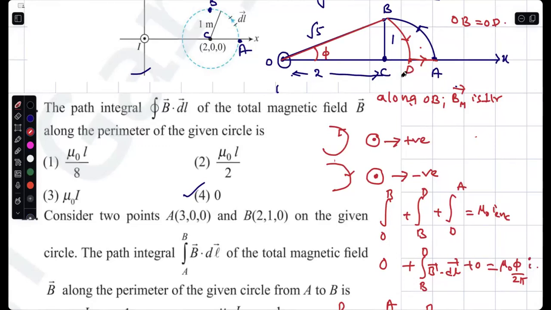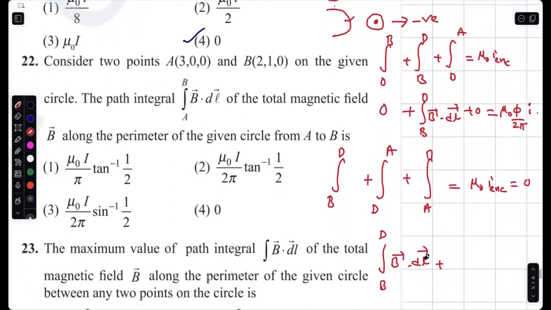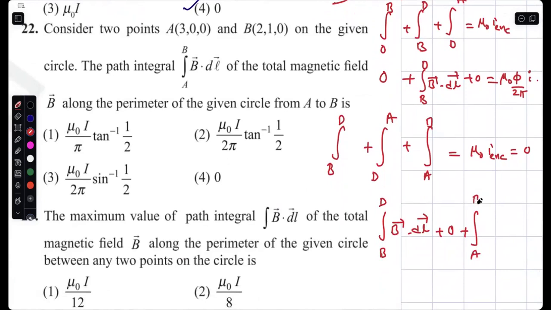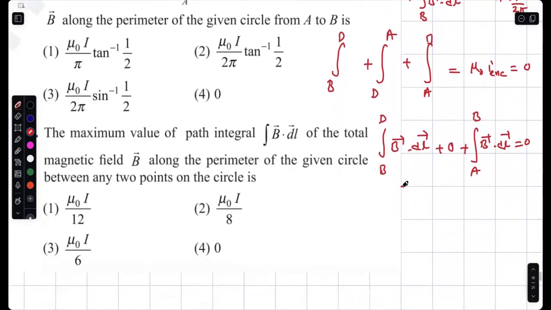Magnetic fields are perpendicular to that line. So 0. Plus, actually you are supposed to find this. B bar dot DL bar is 0. So therefore, finally, A to B, B bar dot DL bar is minus of this.